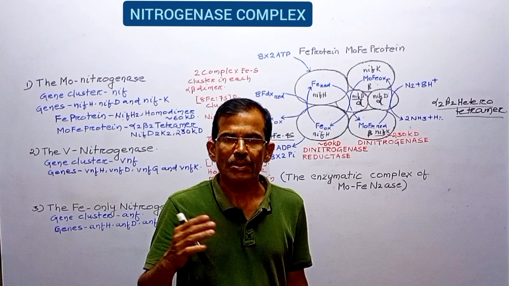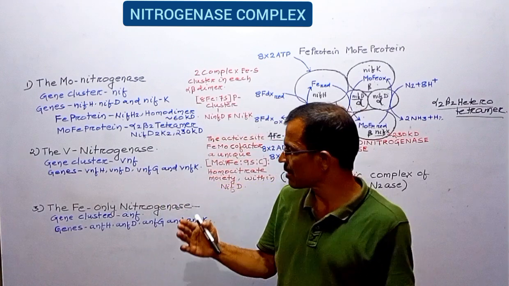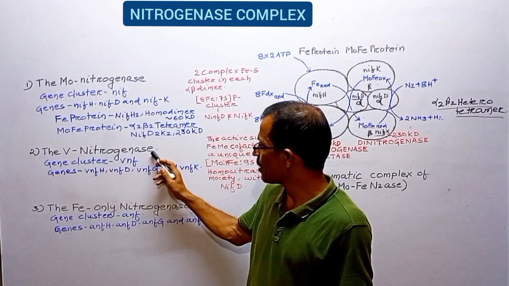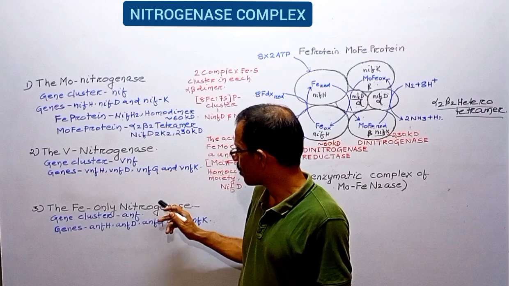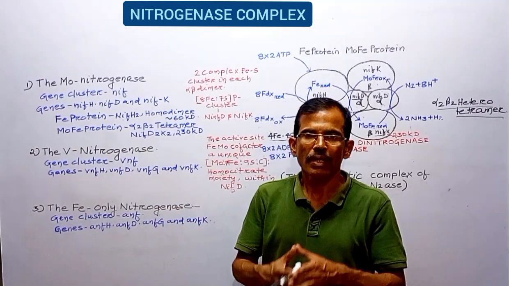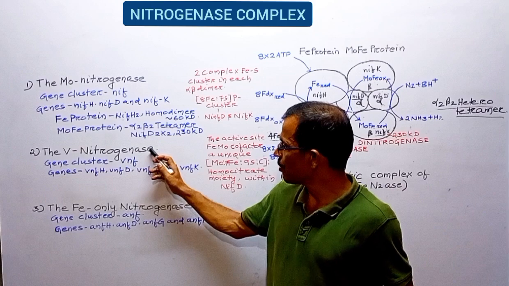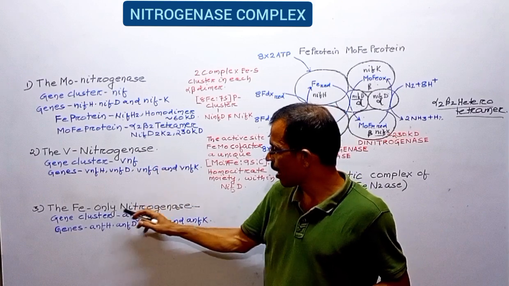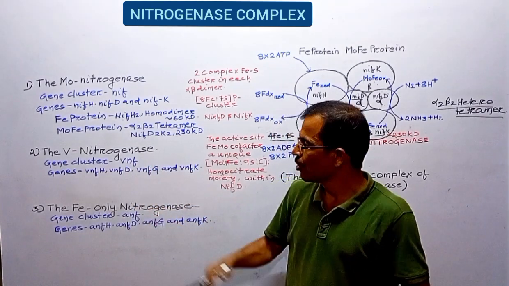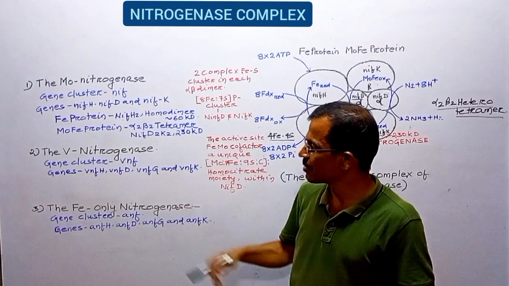The other two types of nitrogenases are the vanadium nitrogenase and the iron only nitrogenase. Both are two component systems.